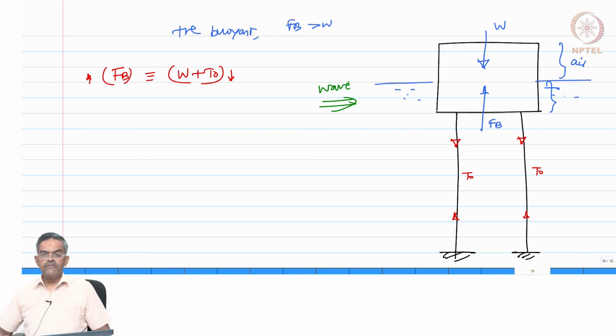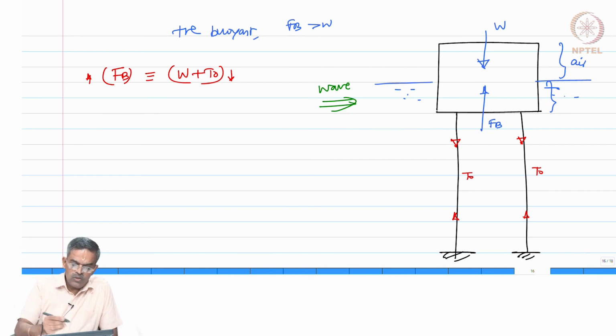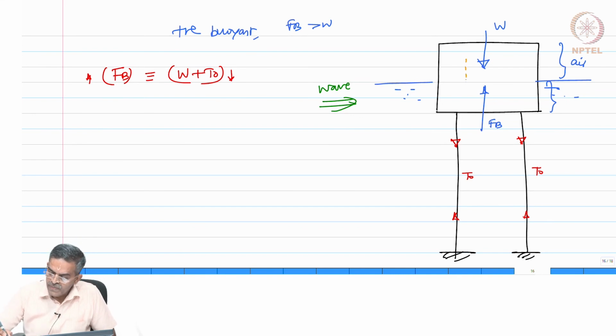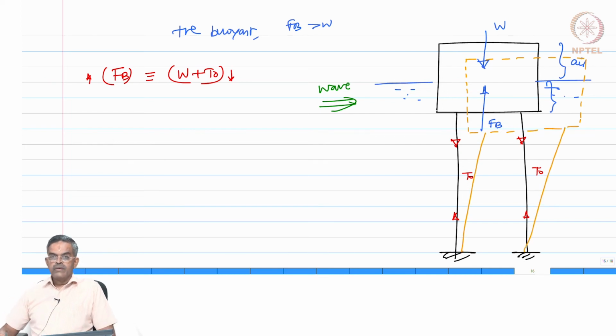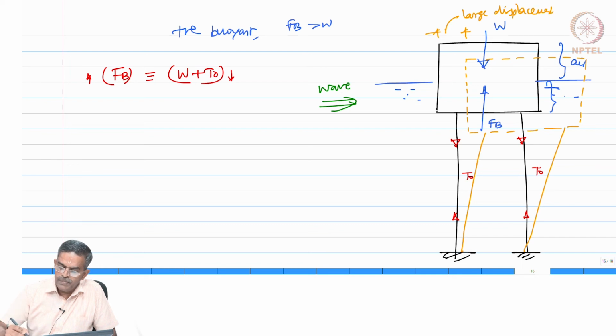As the system is free to float, the system now assumes a new position. Under the new position, the system has undergone large displacement, in the presence of waves.